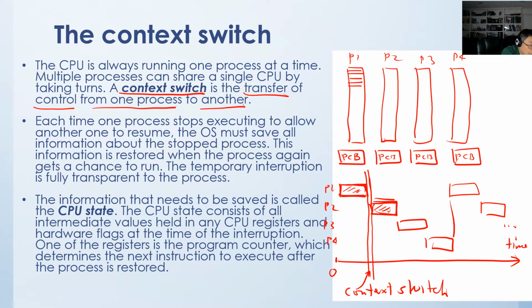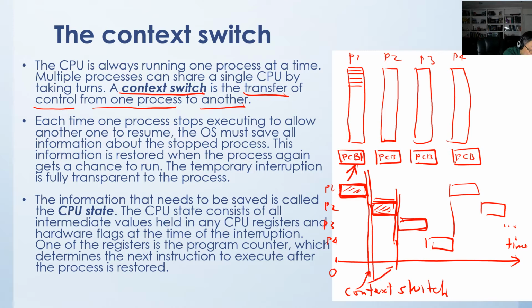Each time, during the context switch, the operating system must save all the information about the stopped process. That means all the information about process 1 will be saved. Where is this information going to be saved? Yes, it's correct: it's saved in the process control block corresponding to process 1, so in PCB 1. Once process 2 is done, the CPU switches from process 2 to process 3.